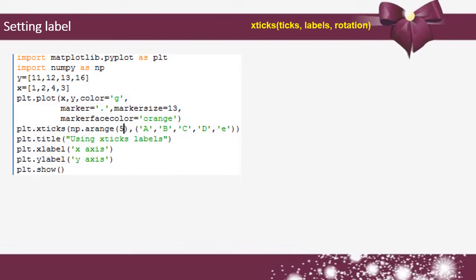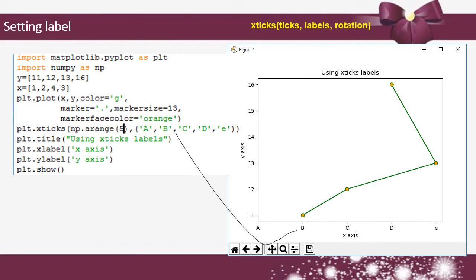Instead of values, we can set text also. See here plt.xticks of np.arange of 5. So 5 means it will generate the values 0 to 4, and here we have set the label strings a, b, c, d, e.